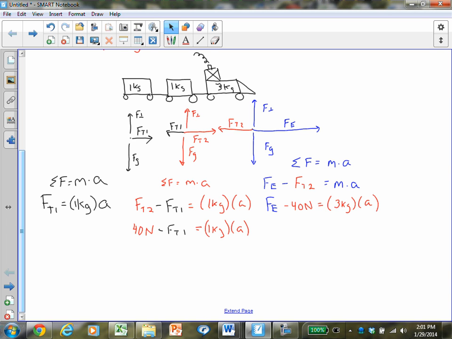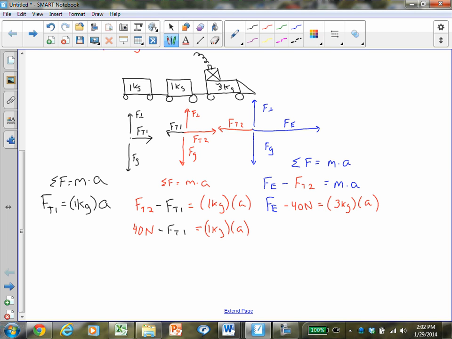Well, Mr. Ring, we would do it the same way we always have been doing it. We would start with 2 equations and 2 unknowns. Here, we can solve for FT1 and A. And then, yeah, FT1 actually equals 1 times A, doesn't it? From here, right? So we could just put that in right here.